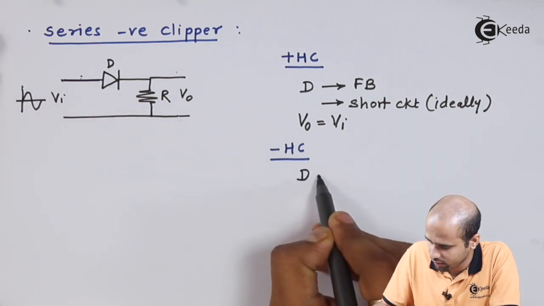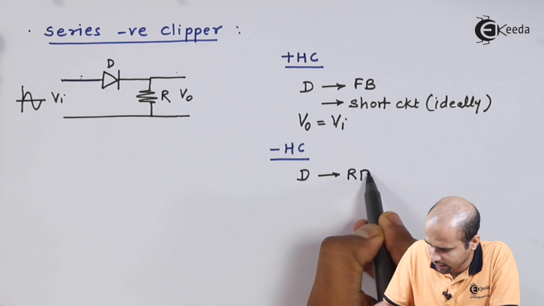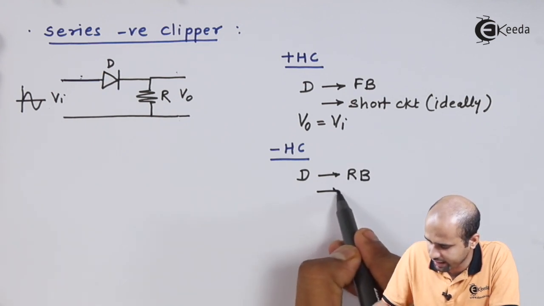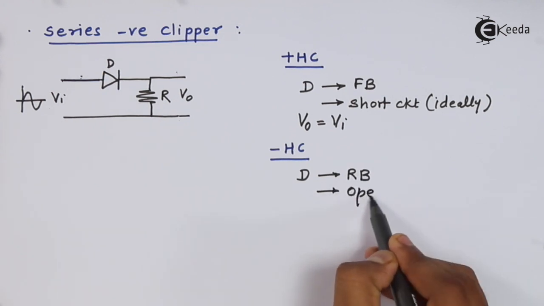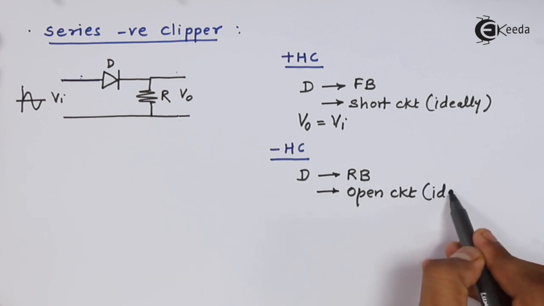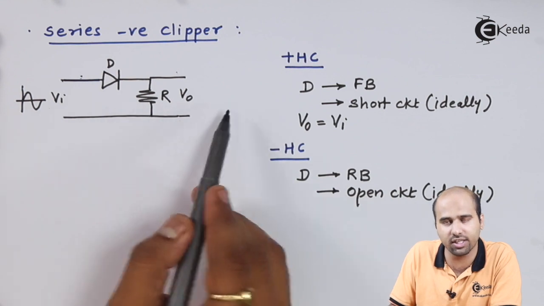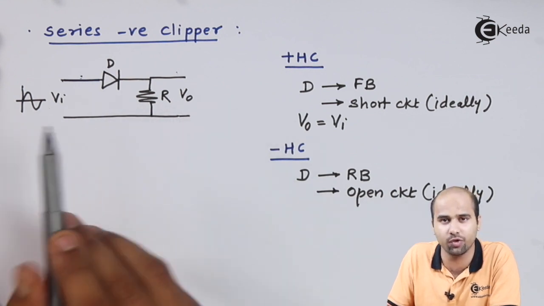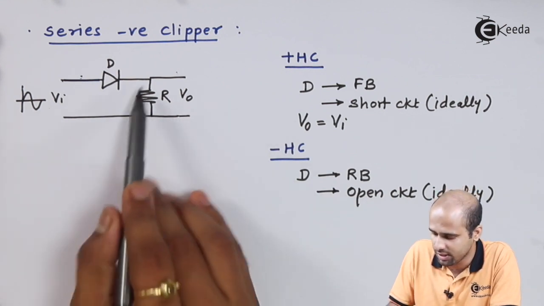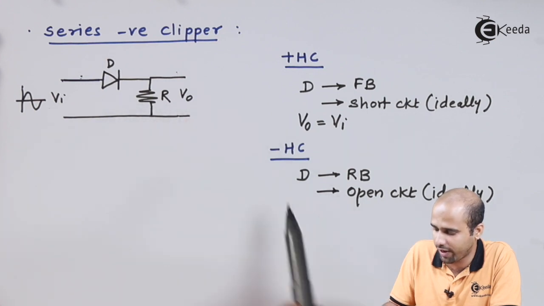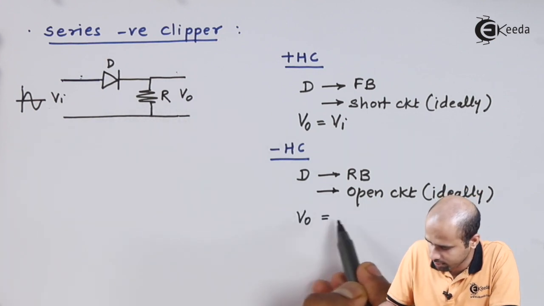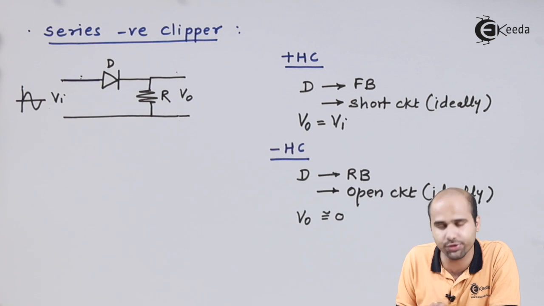If diode D will become reverse bias, ideally it will be open circuit. If it is open circuit, then input has nothing to do with the output, same as that of your series positive clipper, then value of VO will become nearly equal to 0.